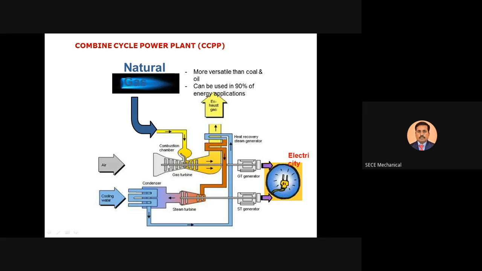If you use only a gas turbine, we can produce only 33 percent of power, or if we use only a steam turbine, maximum we can produce 33%. If you combine both of these power plants, we can get up to 67%. In practical cases, 72% efficiency can also be obtained through this power plant. So this is the idea behind the combined cycle power plant.